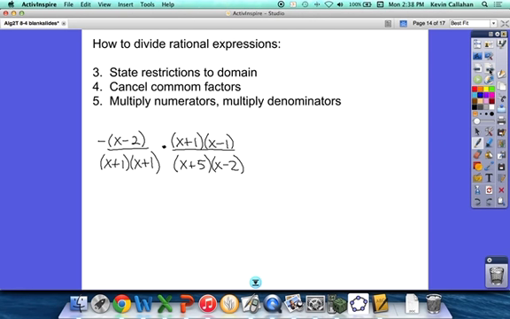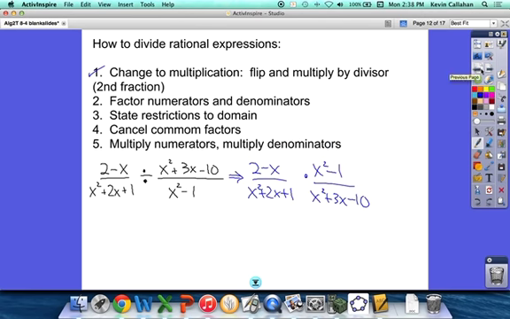In fact, if we're done with that, let me go back to this right here. Okay, when I'm looking for restrictions to the domain, right? Restrictions on the variable x. Remember, most of the time, where do we say we look for the restrictions? The denominators, right?